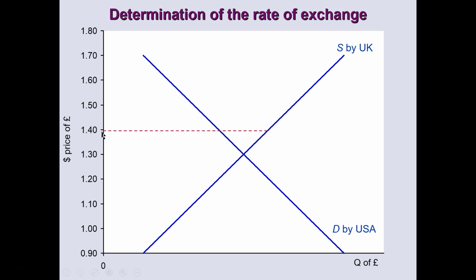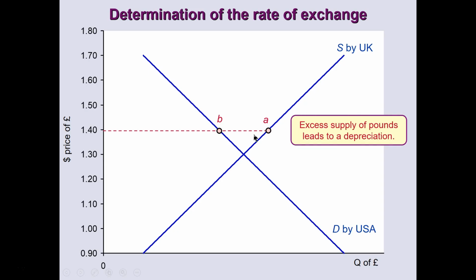If initially we start at an exchange rate which is not equilibrium, so for example, if the original value of a pound is equal to $1.4, and if at this particular exchange rate there will be a gap between demand and supply, in this particular situation, we will experience excess supply of pounds shown by point A compared to available demand for pounds.